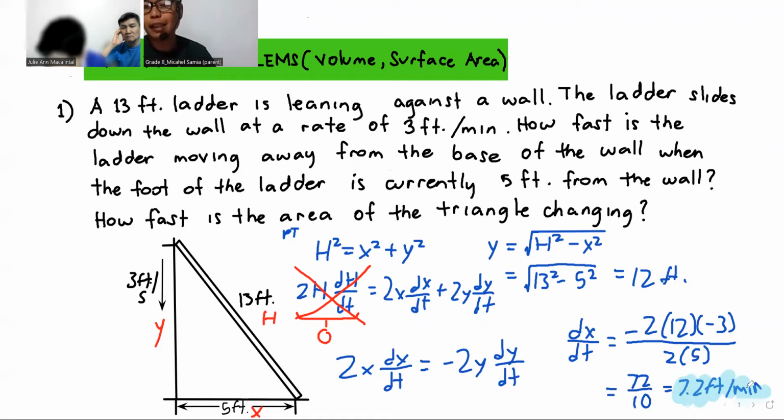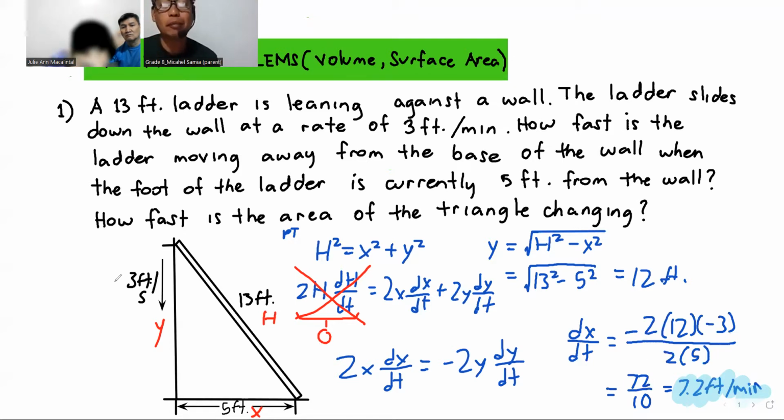Now, I would just like to add in the solution, our dy dt from positive 3 feet per second becomes negative 3 feet per second since we're considering it as a vector. So going down, one part of the ladder is going down.